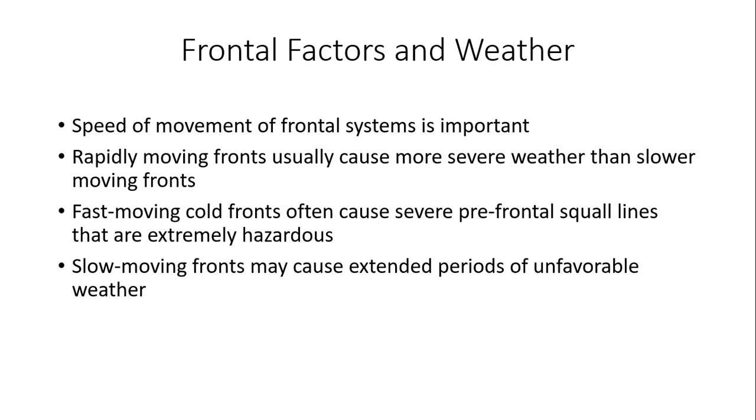They're known as squall lines, which are extremely hazardous: damaging winds, hail, very heavy rain. Flooding rains are possible with these. Very turbulent conditions for aviators, any pilots flying in the vicinity of these. You want to try to avoid squall lines. Slow-moving fronts, on the other hand, are more known to produce extended periods of unfavorable weather.